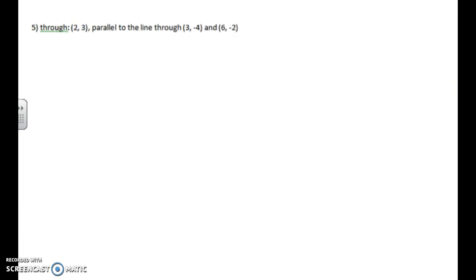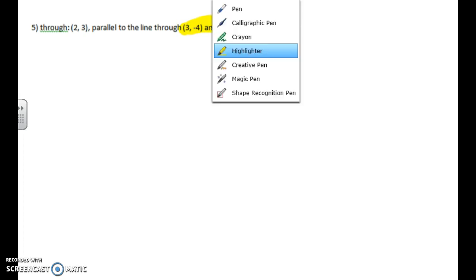All right, so worst case scenario, you don't get the equation of the line, it just gives you 2 points and says make it parallel to these 2 points, but go through this point. So the first thing that you have to do is take these 2 points right here and find their slope. So that's what we're going to do first.